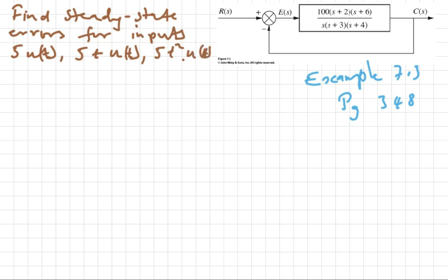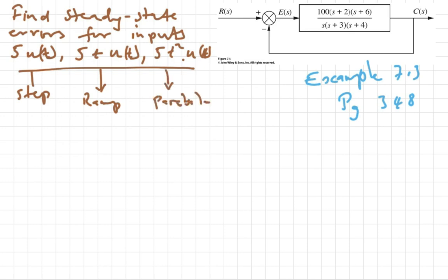So we already know the Laplace transform of all these inputs. This is a step input, this is a ramp input, and this is a parabola input.